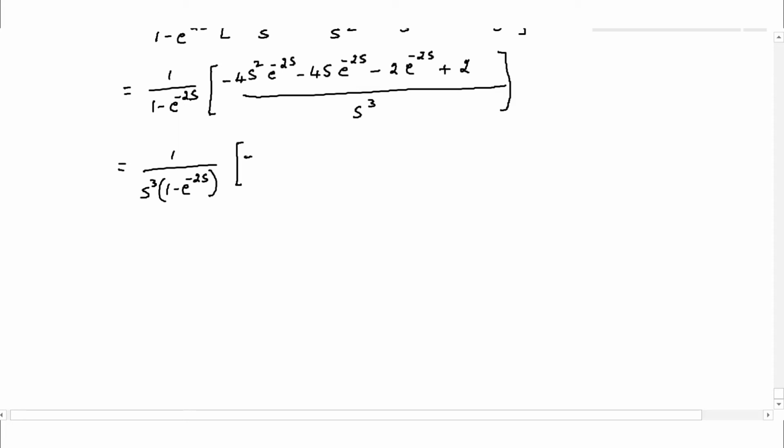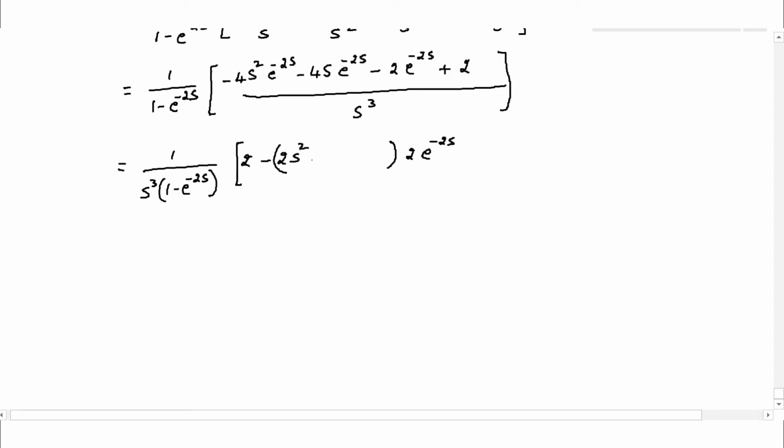First I'll write the constant 2 as it is. Next I'll take the negative sign outside. So I can take the common value over here. It is 2 times of e power of minus of 2s that will be common. So what will be left inside? The first term, because the negative sign is already taken outside, and 2 is taken common outside, you are left with 2 times of s square.